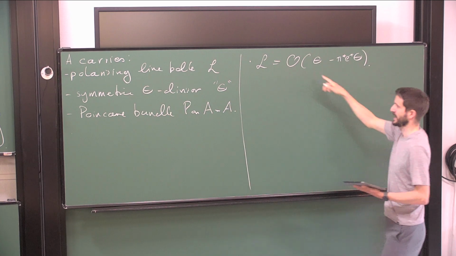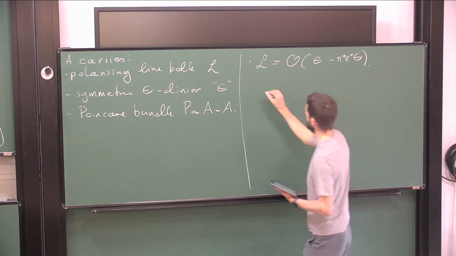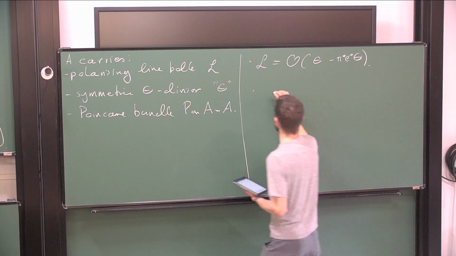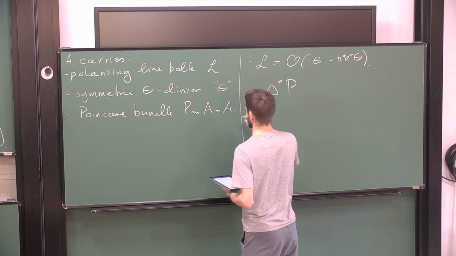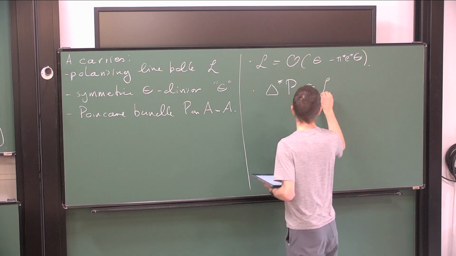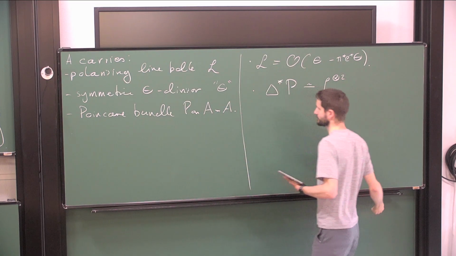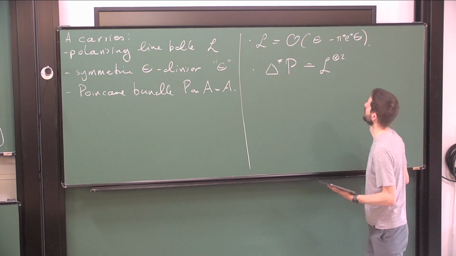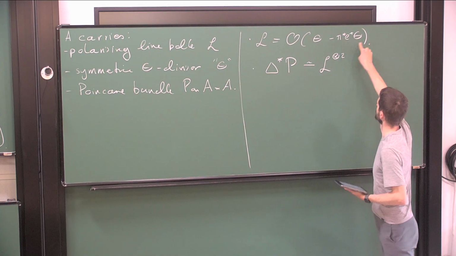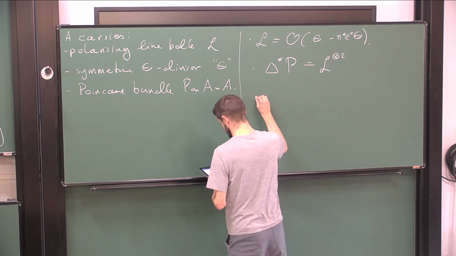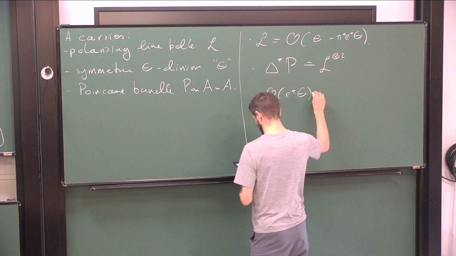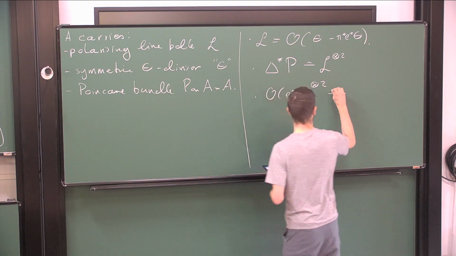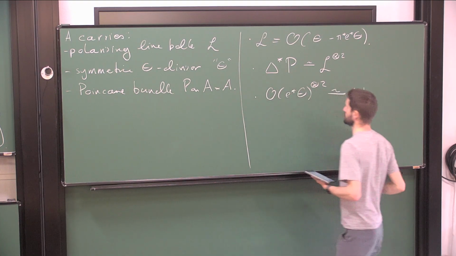So fiber-wise, L is just O of theta. L squared you can get from the Poincare bundle. So if you pull back the Poincare bundle along the diagonal of A times A, then this is 2L. If you don't like this sort of inexplicit term, then you can make it more explicit. Then this is the determinant of the Hodge bundle.